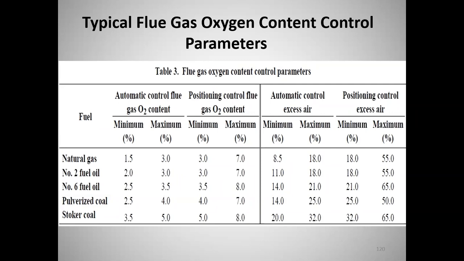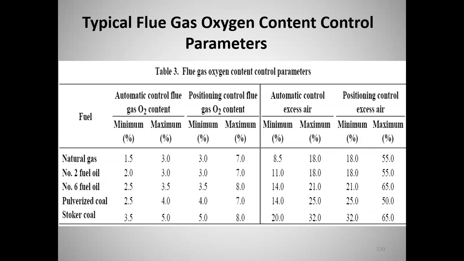On the right-hand side, we translate those oxygen measurements into excess air estimates. For natural gas as a fuel, 1.5% O2 in the flue gas equates to 8.5% excess air.